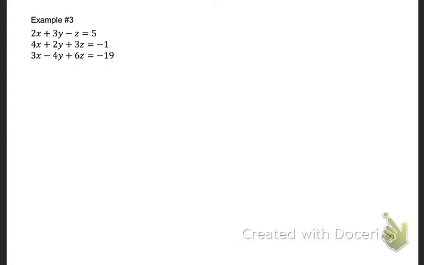All right, so I am just looking at it, and I think for me, the easiest variable to eliminate would be z. So I'm going to number these 1, 2, 3. And just by looking at it, if I take number 1 and multiply it by 3, I'm going to get 6x plus 9y minus 3z equals 5.